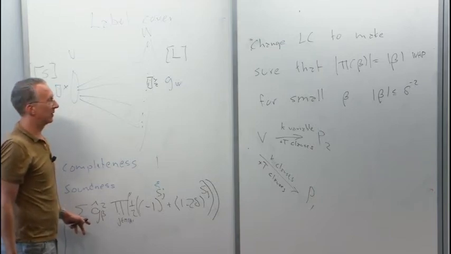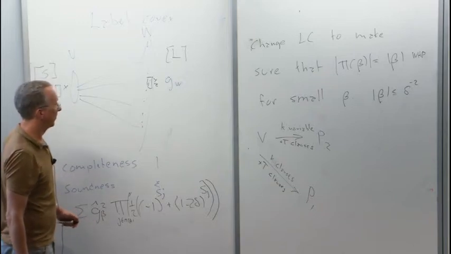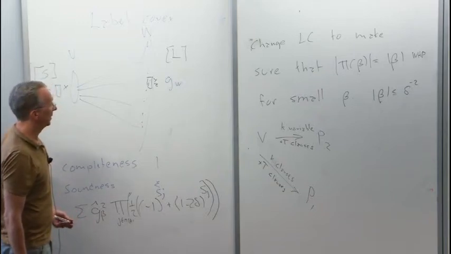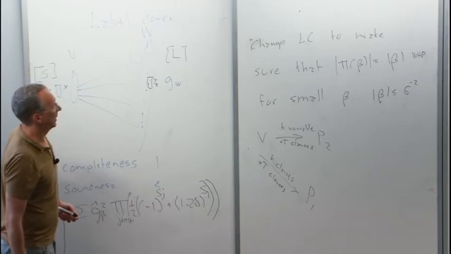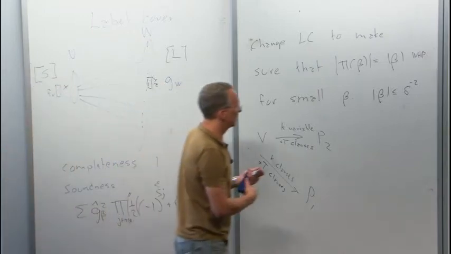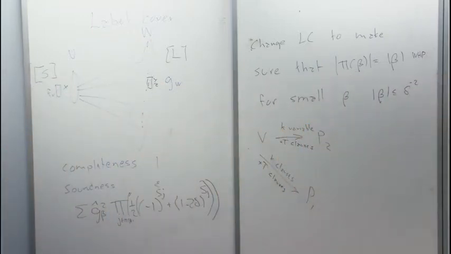Don't you still have a gap? I mean, you only have beta less than delta to the -2. Well, even for larger beta, it can't be much larger than delta to the -2. So let's see. This sort of says that if beta is small, let's take T to be delta to the -5.